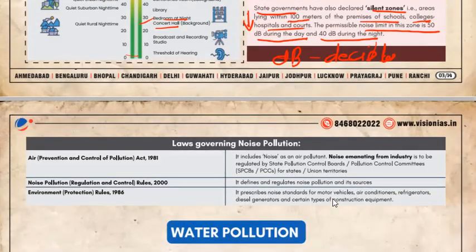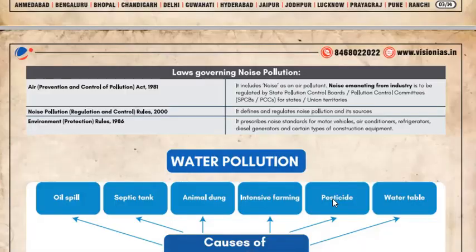Let's see the different laws governing noise pollution. The first is the Air Prevention and Control of Pollution Act 1981. Sound pollution or noise pollution is also controlled by this Act. It includes noise as an air pollutant.